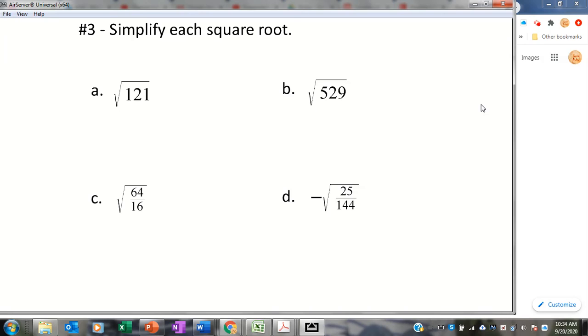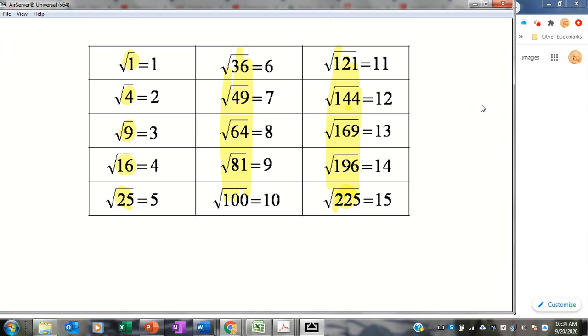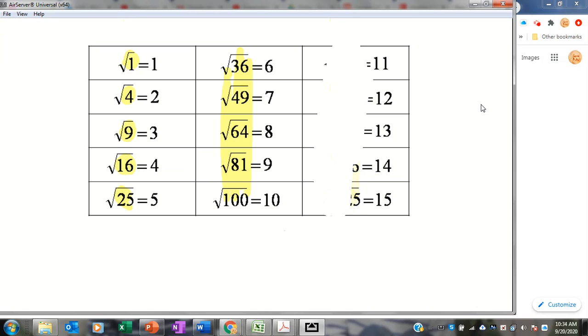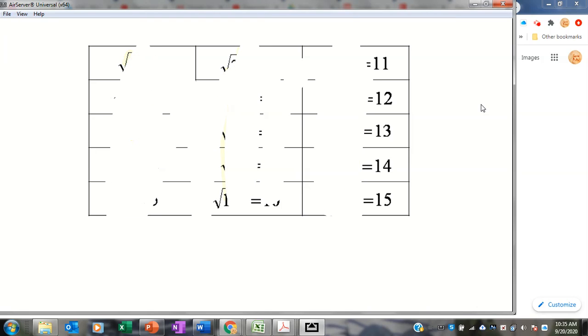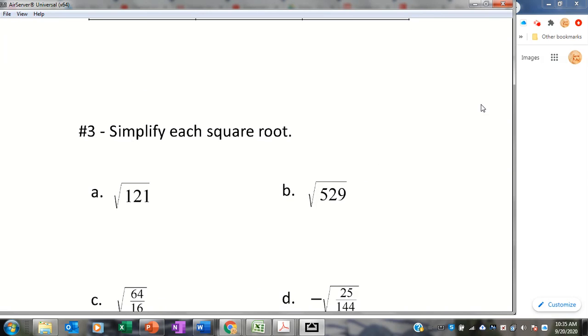So if we go up to 121, we can go up here and you can see the square root of 121. Let me erase all this so it'll be easier to see. But the square root of 121 is indeed 11. So this one right here is 11.